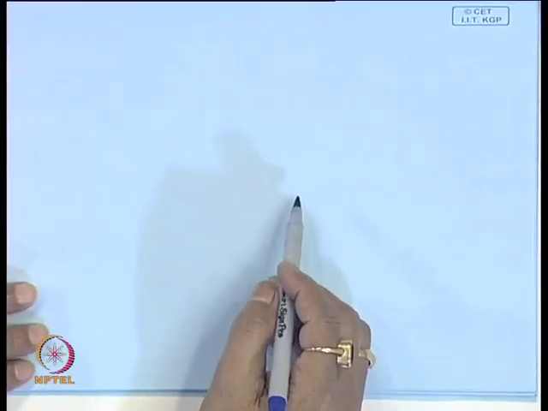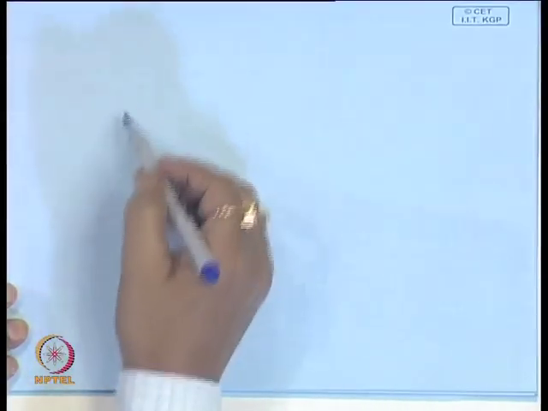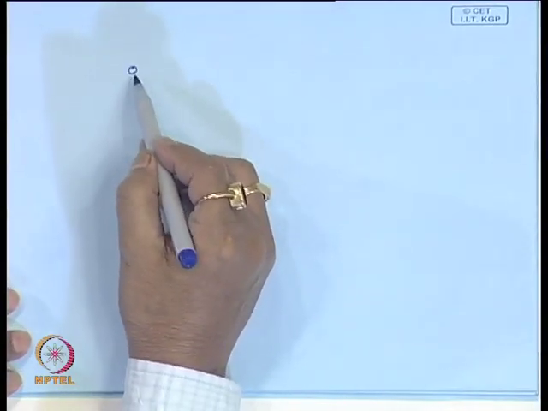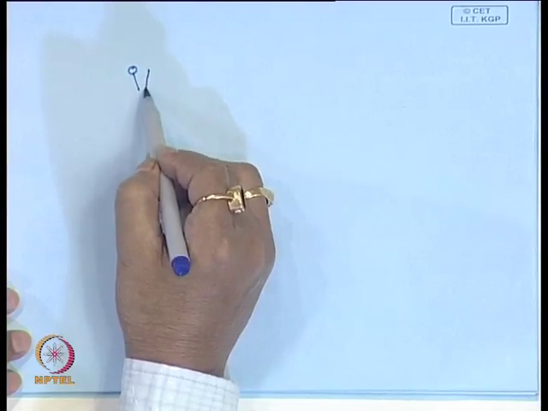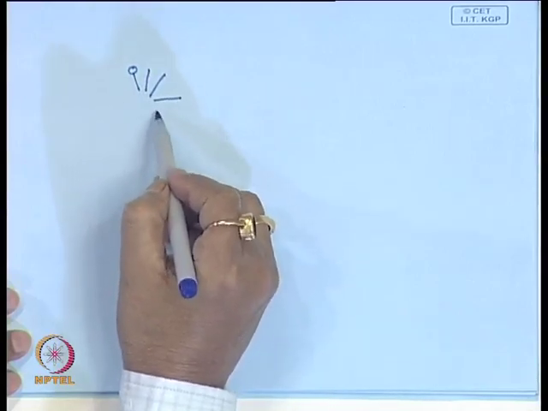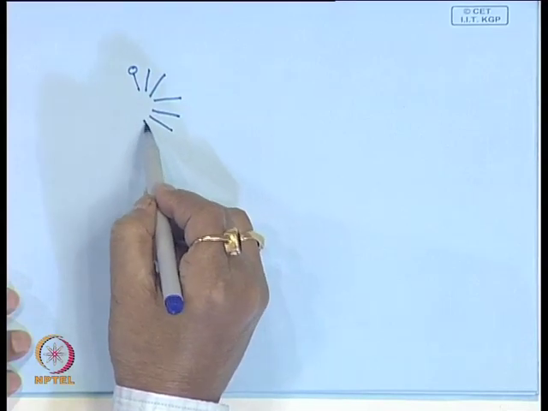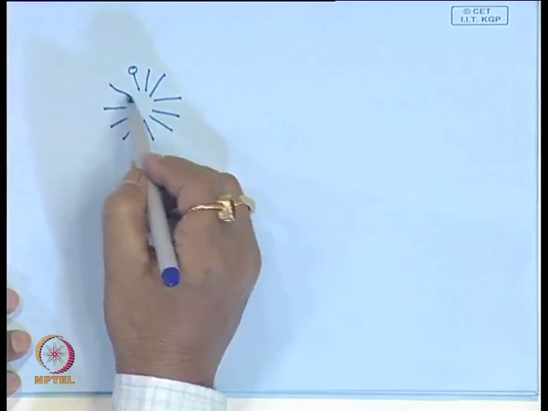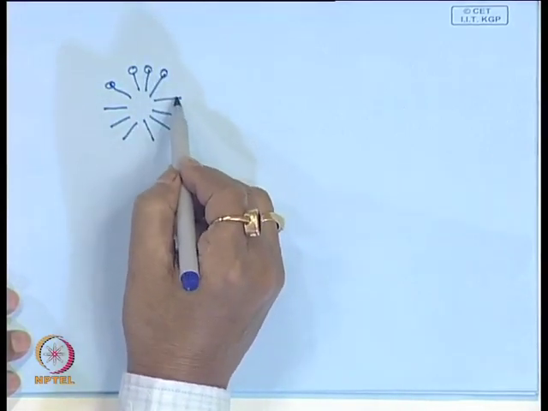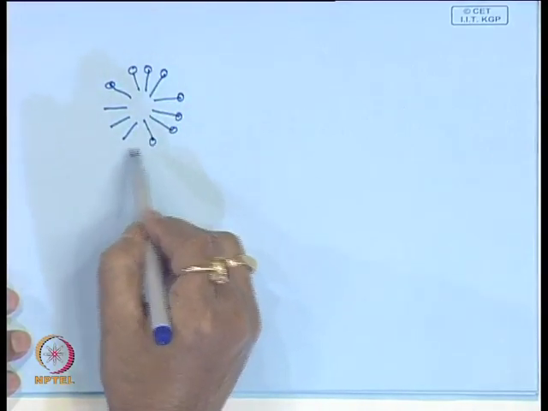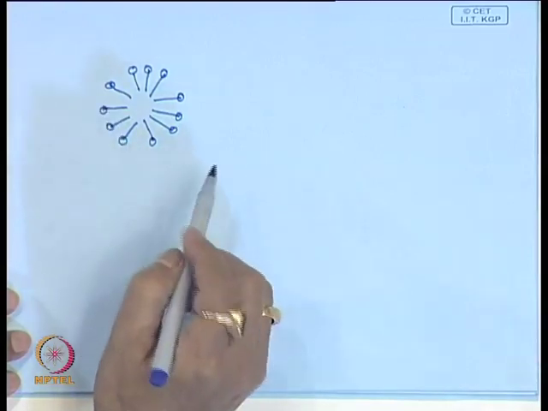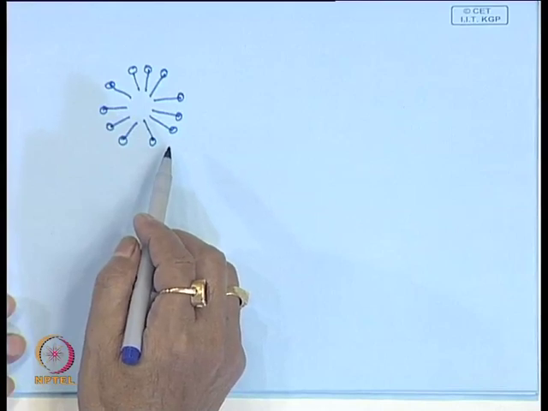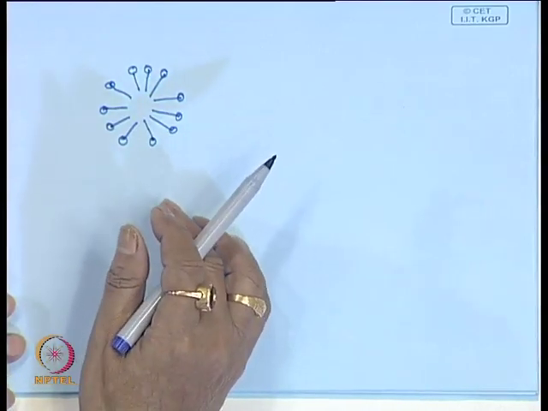Now, let us concentrate our attention on an emulsion polymerization system. Let us assume that it contains a spherical micelle, or you can assume a rod-like micelle also.